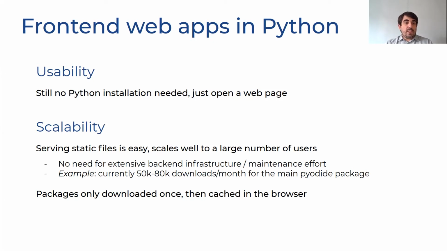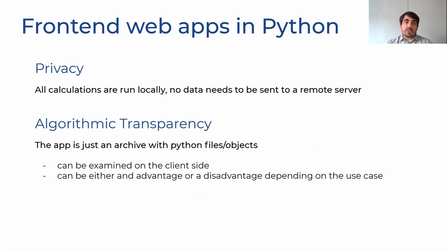What should also be noted is that packages are only downloaded once, and then they're cached in the browser. So this is also good for privacy, because you don't make too many remote requests, and also generally, calculations are run locally, so you don't need to send your data, or at least not as much data, to the remote server. A last point, which is important, is that in the case of algorithms or some scientific code, the Python app in the browser would be just some archive of Python files and maybe some Python objects.